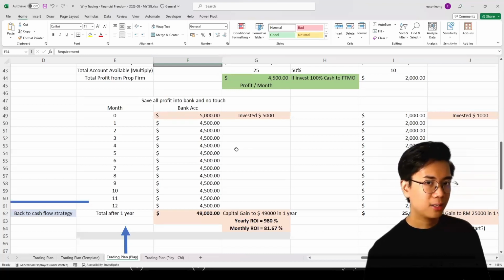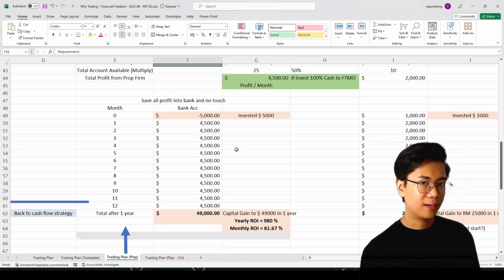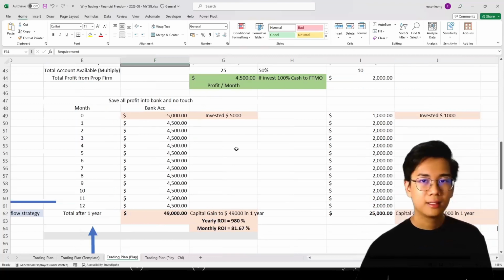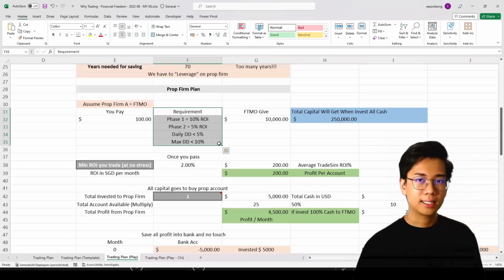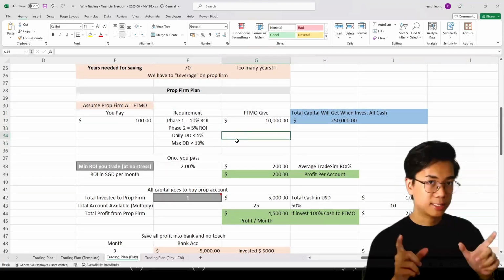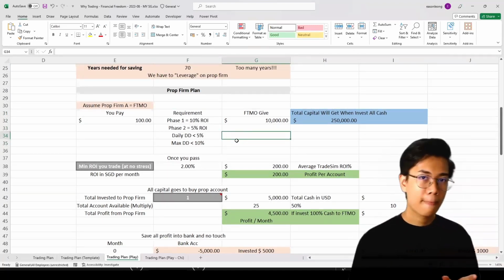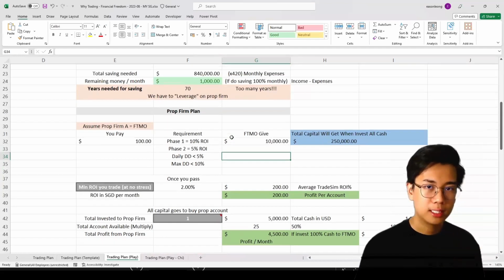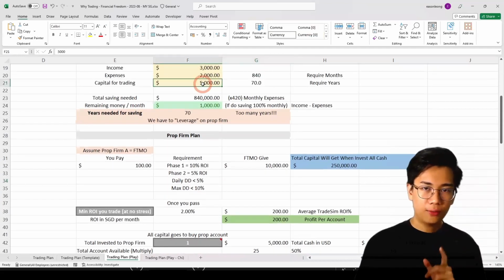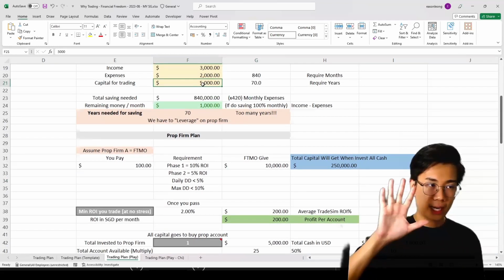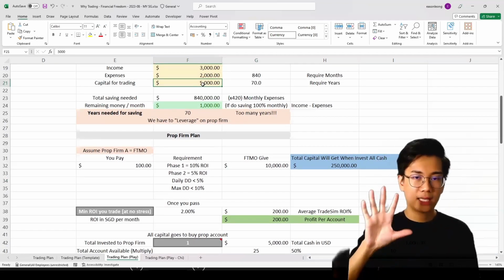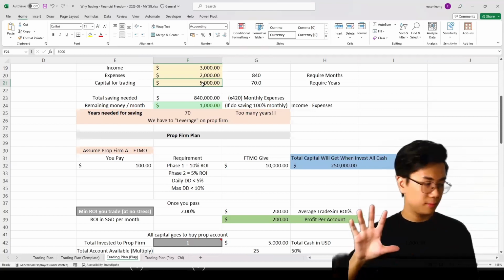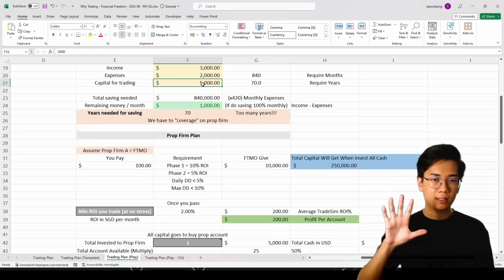Okay, can you explain again how to leverage on prop firm? I don't understand how this works. Okay, so same thing, it will be better that you do your own maths in this Excel, so you understand how the maths calculate. I repeat again, how this thing works is, right now your account has $5,000.